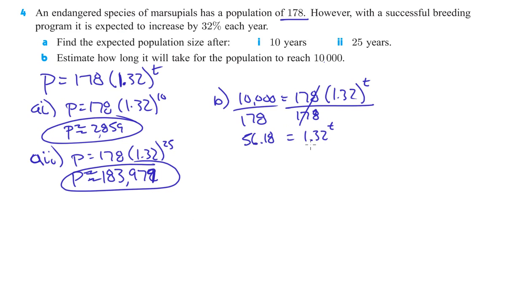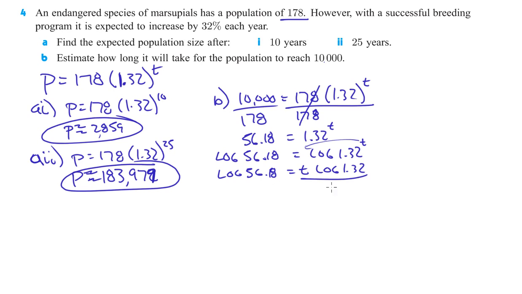That's a pretty big number, but you can plug that in the graphing calculator, or I'm going to do logs, take the log of both sides. I just find that to be less chance for error with this. So log 56.18 equals log 1.32 to the t, so that t comes out front, so it's log 56.18 equals t times log 1.32. Divide both sides by log of 1.32.